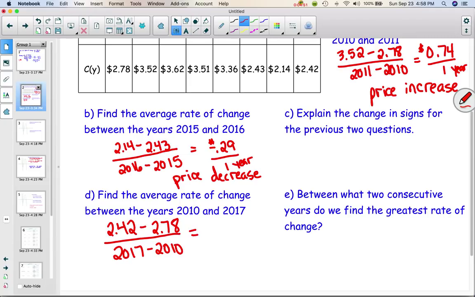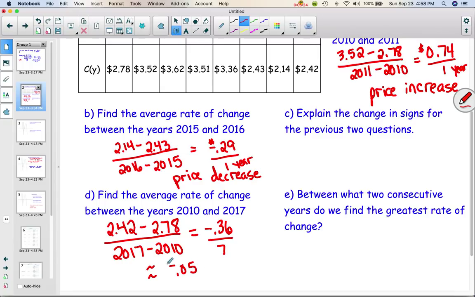And if you subtract 242 minus 278, we get negative 0.36. But this time, notice that we're dividing by 7. So if we calculate that, I get approximately negative 0.05, and the next number would be a 1.